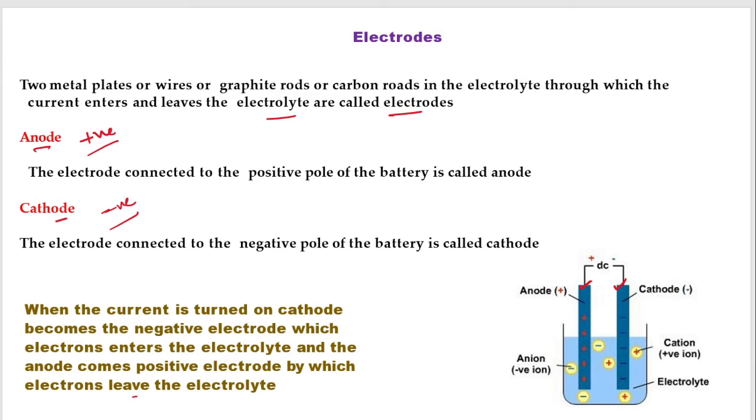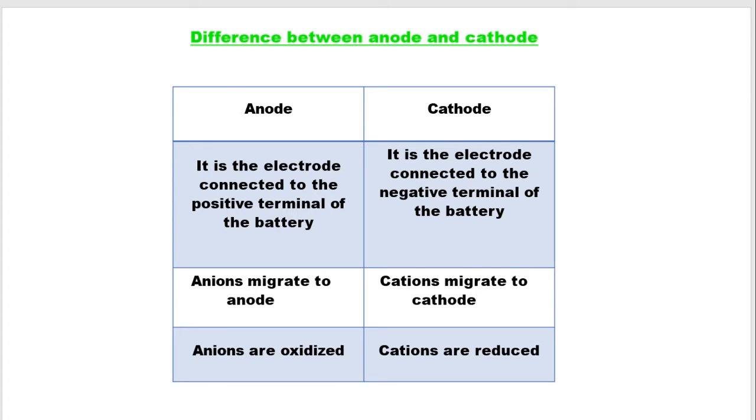You need to learn about the difference between anode and cathode. Very important. Anode will be connected to the positive terminal of the battery, whereas cathode will be the negative terminal. Now as you all know, opposites attract, that means at the cathode you will have cations migrating. Clear?